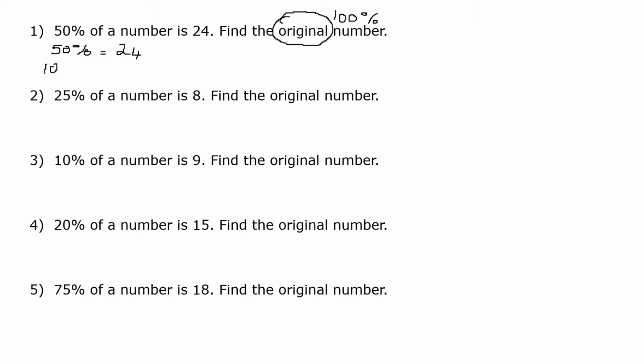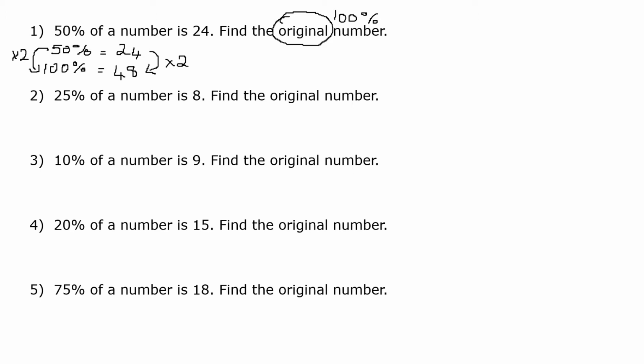I want to get to 100%. I know that to get from 50 to 100, I'm going to multiply by 2. So I'm going to do the same thing to my 24. 24 times 2 is 48. So my original number is 48.